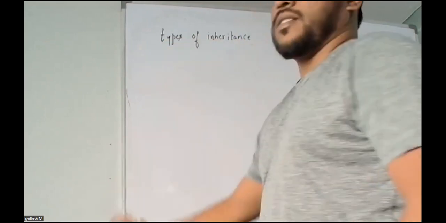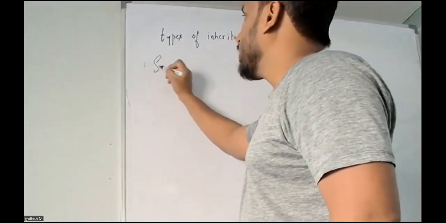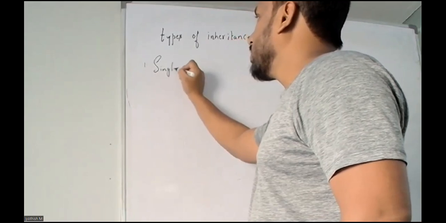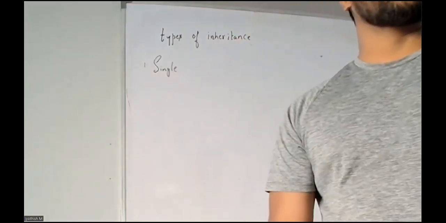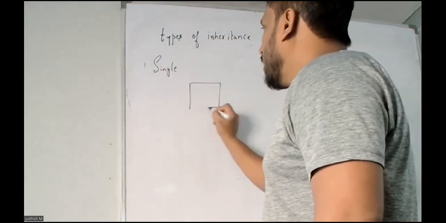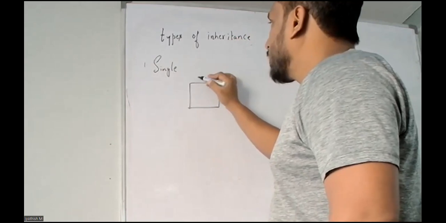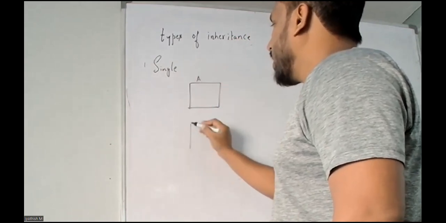Types of inheritance. First one is single inheritance. Single inheritance means we will have one superclass and one subclass.